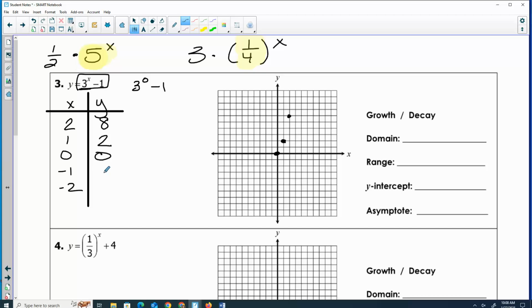All right, Julius, if I put in -1, what does it give me? You can give me a fraction, you can give me a decimal, I don't care on this.